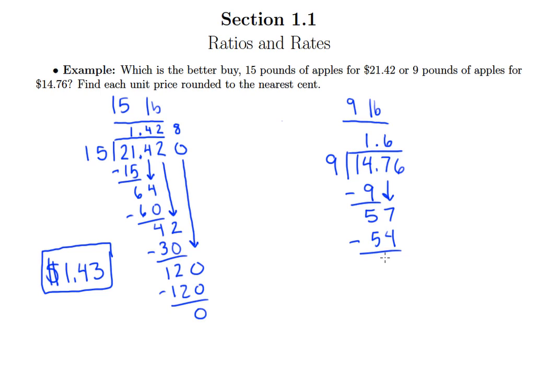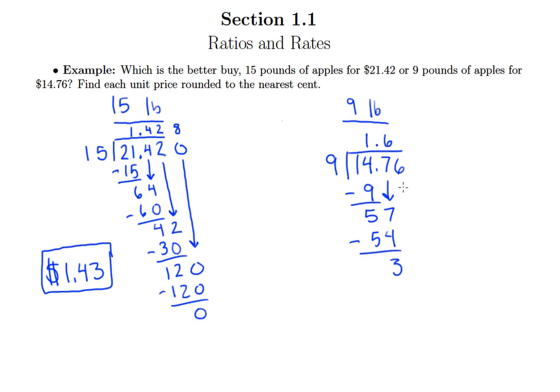Okay. Now we can already see that the 9-pound option is more expensive, right? Because here we had $1.43 and here we already have $1.60 something. But the question did ask us to give the unit price to the nearest cent, so we're going to keep going even though we can see which is the better buy.